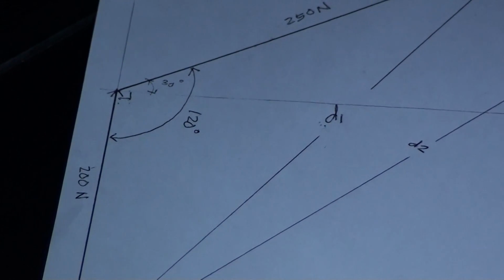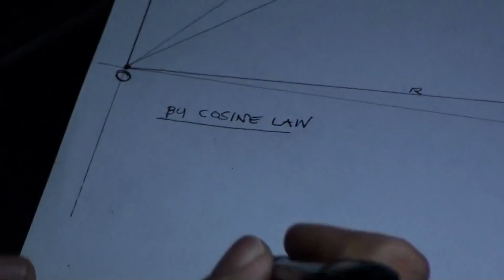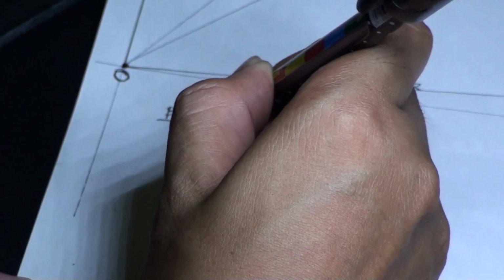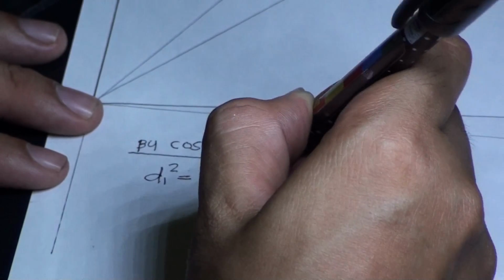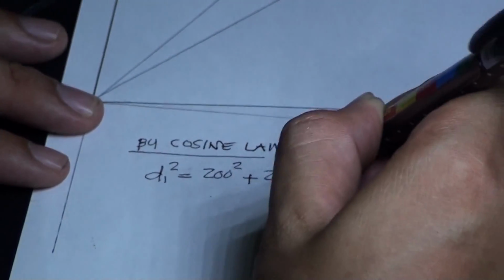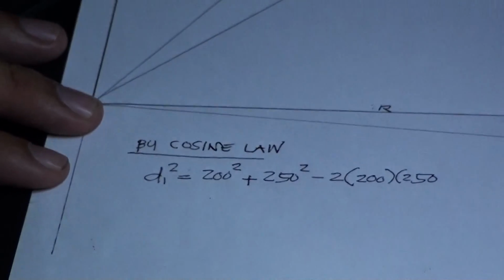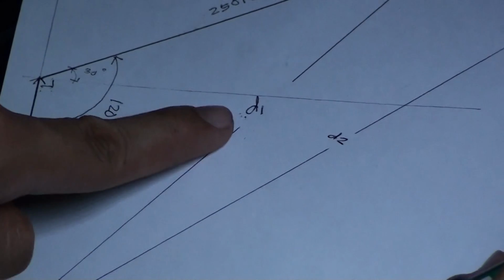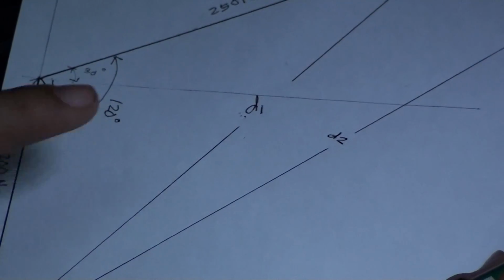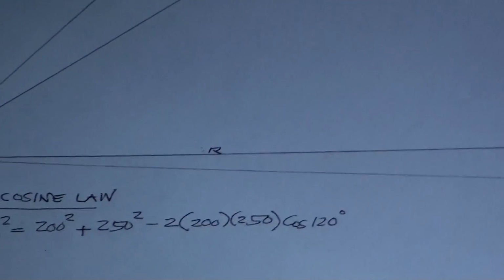So D sub 1 squared by cosine law is just equivalent to 200 squared plus 250 squared minus 2 times 200 times 250 cosine of the angle opposite to D sub 1, which is on the figure. Opposite of D sub 1 is 120 degrees. So you place here 120 degrees. Okay.